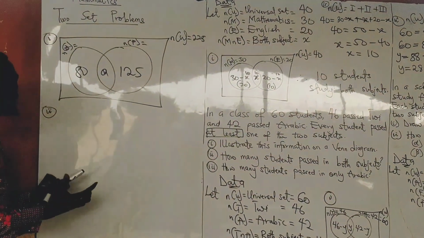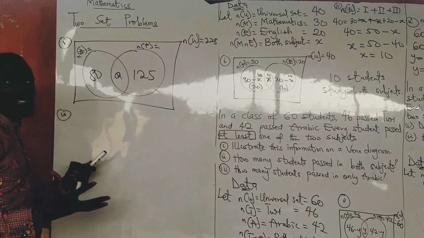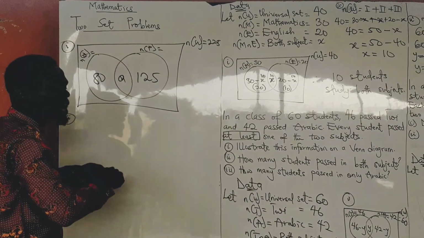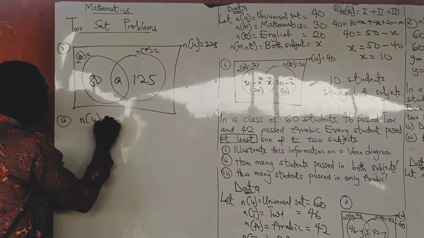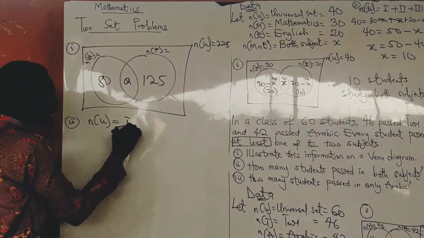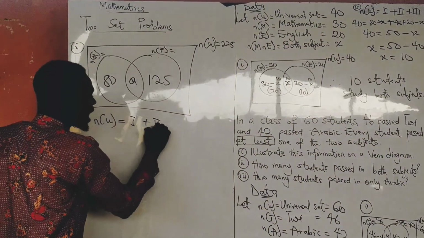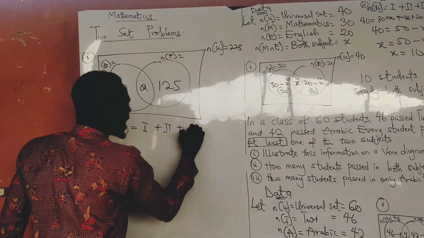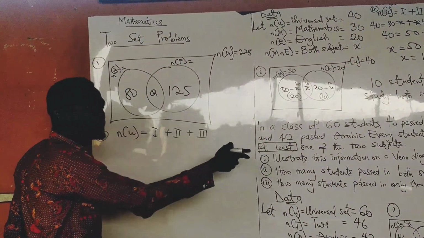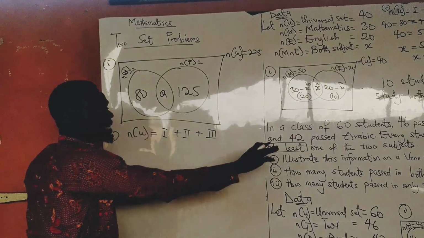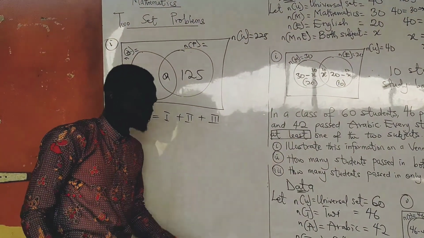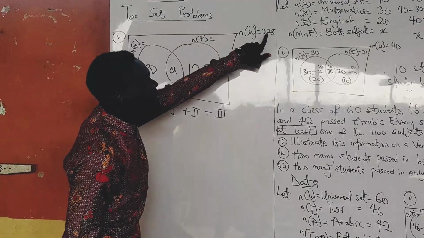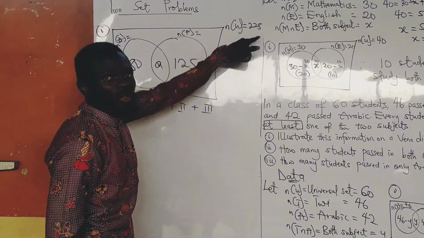And how do we solve for the both subjects? We know very well that the universal set is equal to the region I plus the region II plus the region III plus the region IV. What do we have for the universal set? 225.